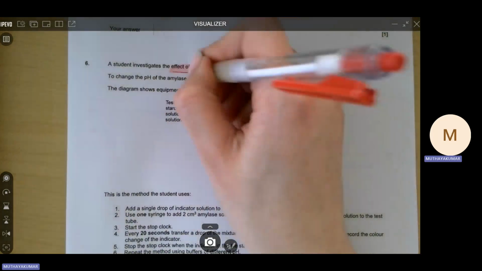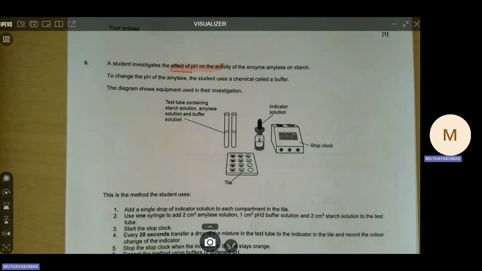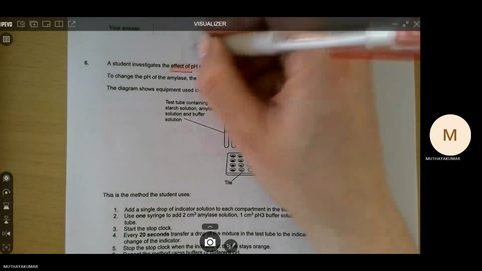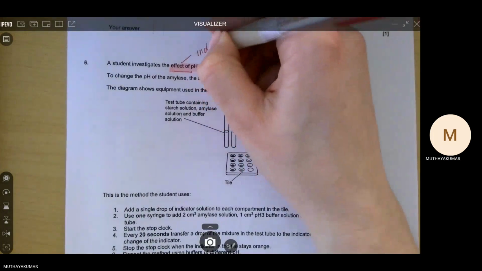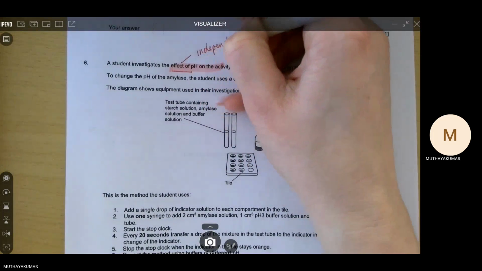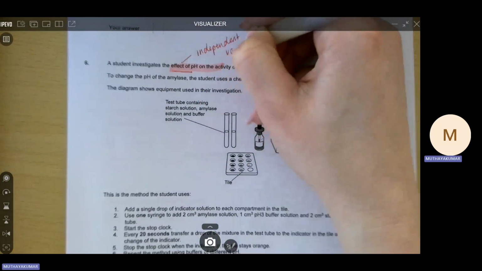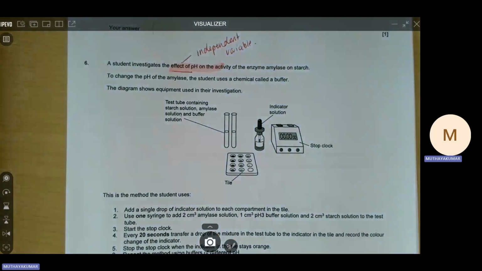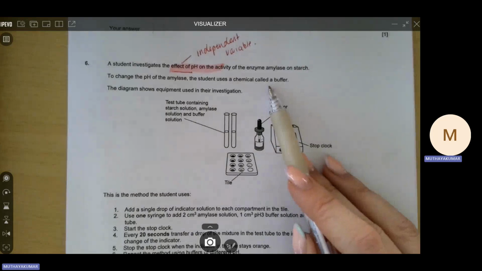So if a question says the effect of something, that's talking about the independent variable. All right, so our independent variable in this investigation is pH. All right, and on the enzyme amylase on starch.